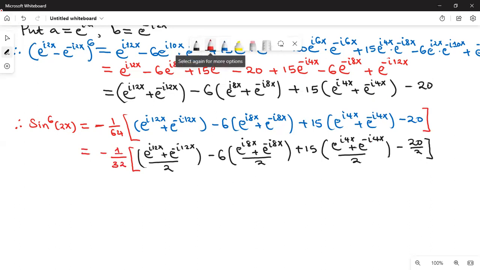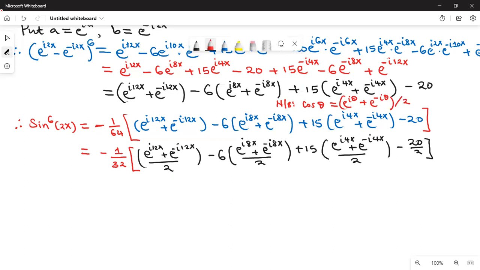Take note that cosine of theta is the same as exponential i theta plus exponential negative i theta, and the whole of this you divide by 2.